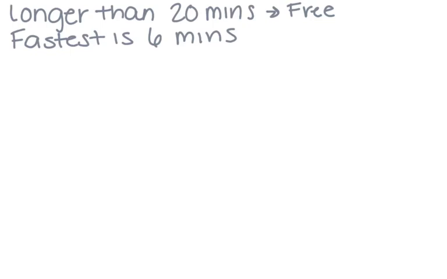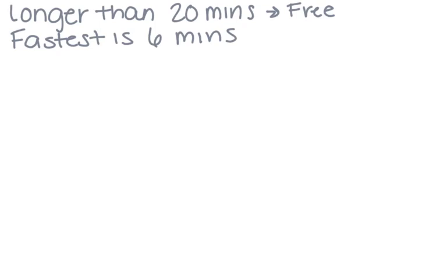So it is free. And the fastest oil change that Kelly has ever done took 6 minutes. So the fastest is 6 minutes. Show the possible customer wait times in which the company charges the customer.